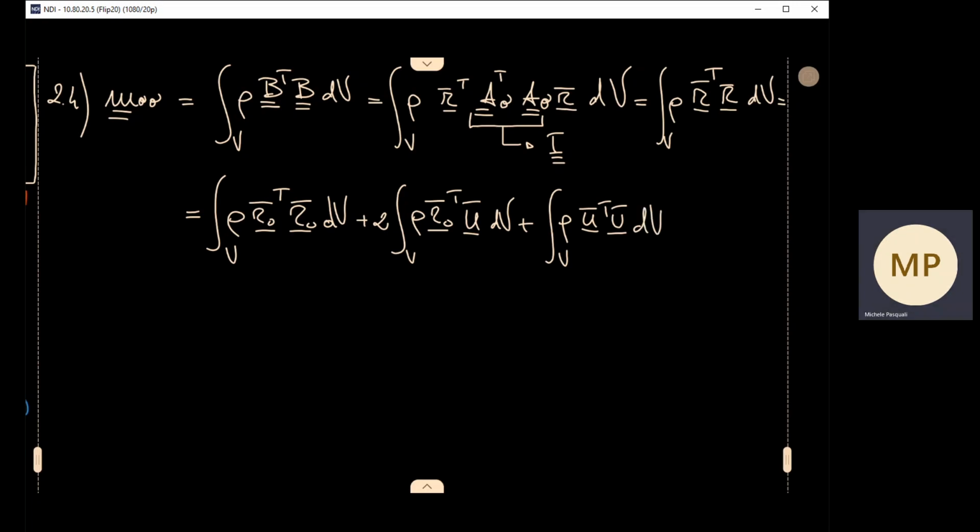Okay, basically I have unpacked R over bar into the constant part, the rigid part, and then the deformation. That's super, because you have that R is basically R0 plus U. This is always true.